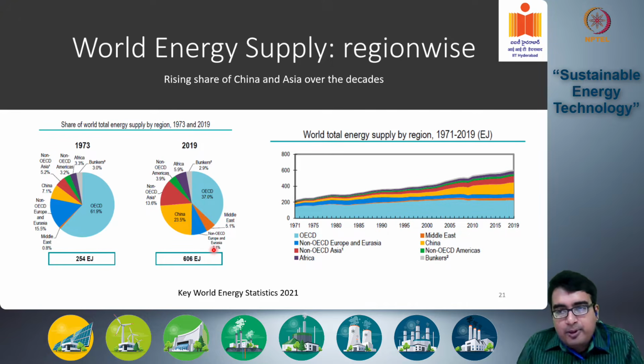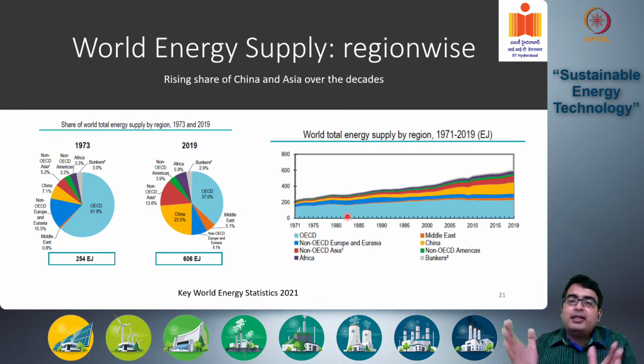What is more interesting perhaps is where this increase has happened. So the blue zone is what are called OECD countries. OECD is an acronym that basically clubs together all the developed nations in the world.